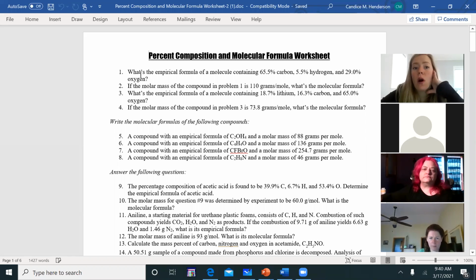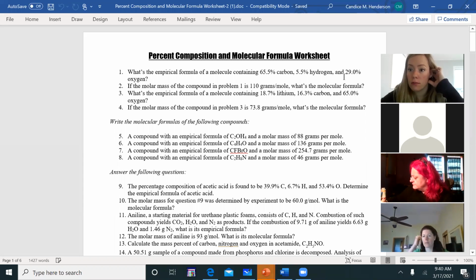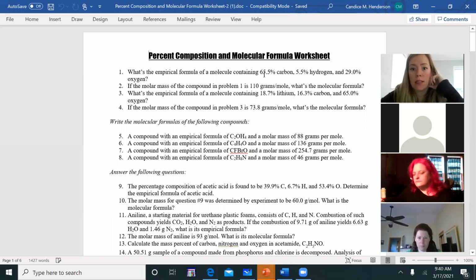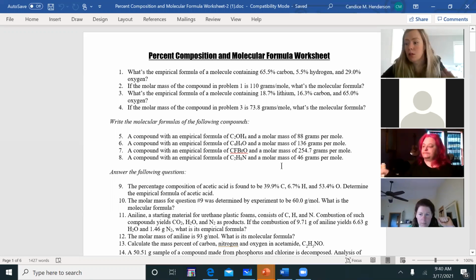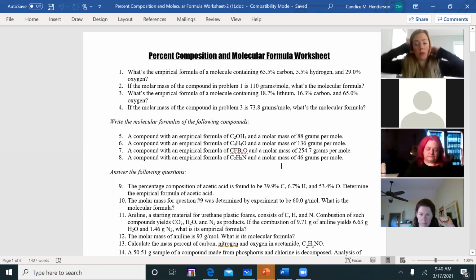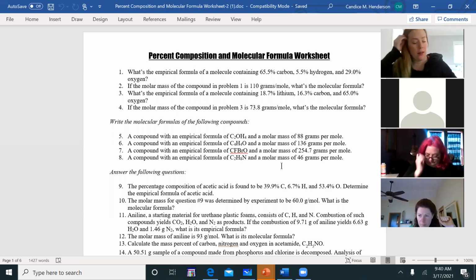It says, what's the empirical formula of a molecule containing 65.5% carbon, 5.5% hydrogen, and 29.0% oxygen? So I want you to come up with an empirical formula. We will go over it in about 2 minutes, and then we will build on that. And then it'll be the end of chapter 6, which just seems to last forever, every semester, such a long chapter.